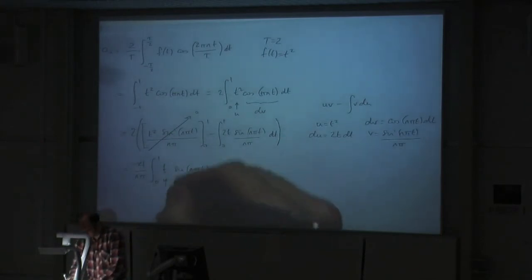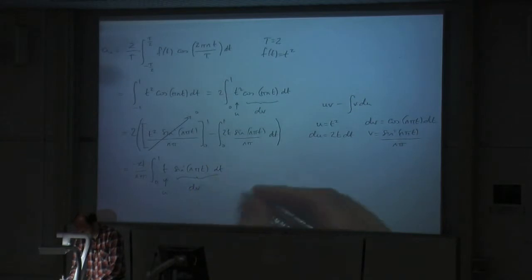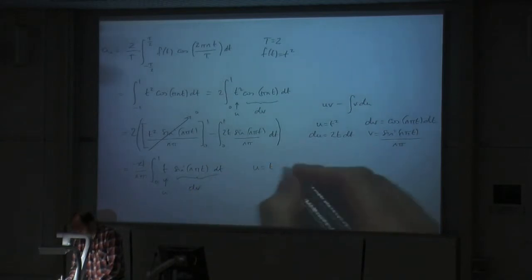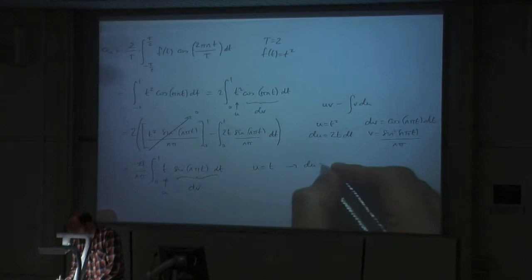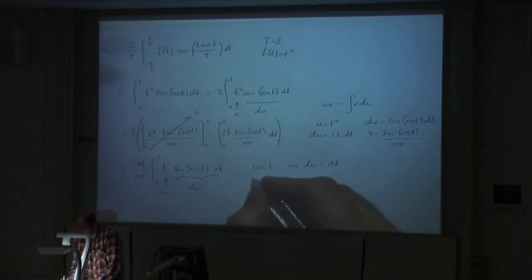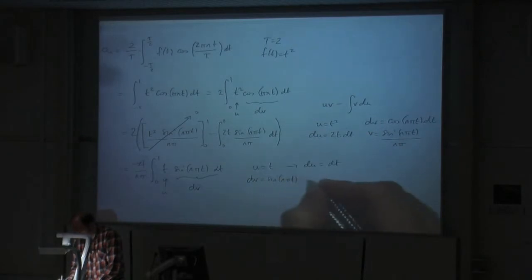If I say this is u and this lot is dv, u equals t, so du is going to be dt, and dv is sine n pi t, v is going to be minus cosine n pi t divided by n pi.